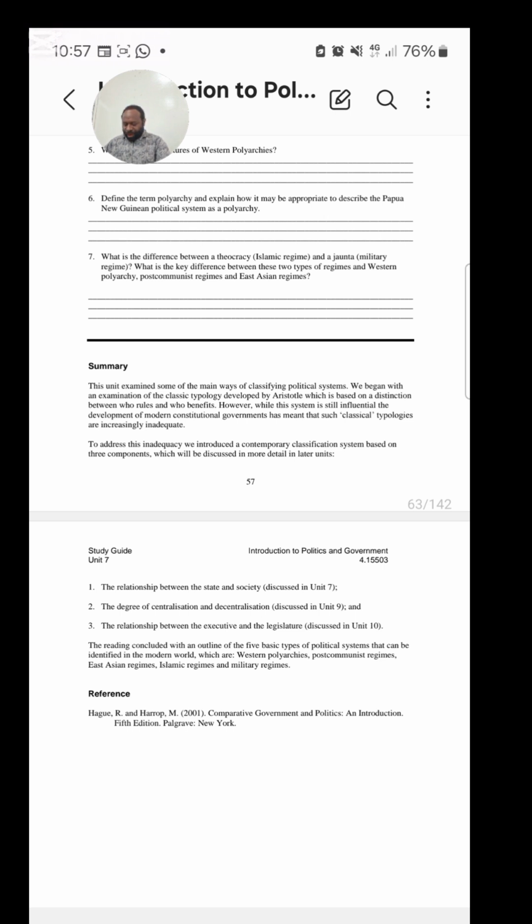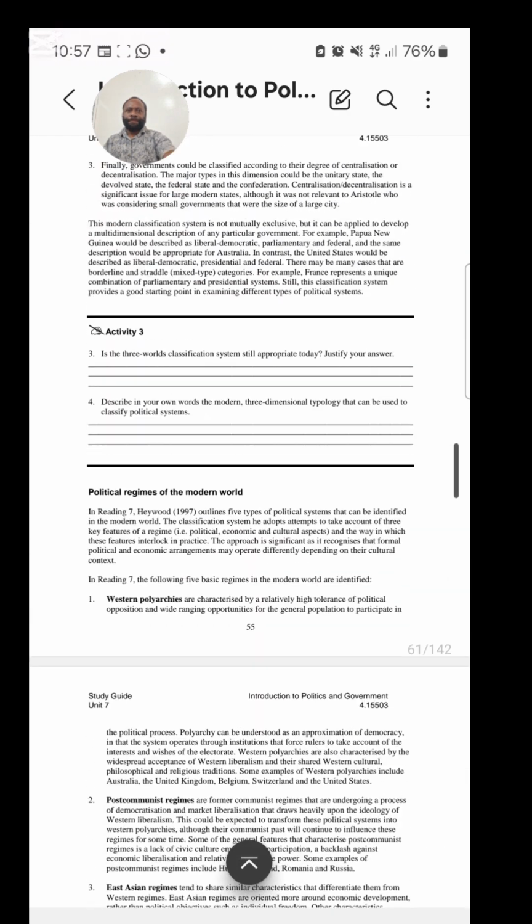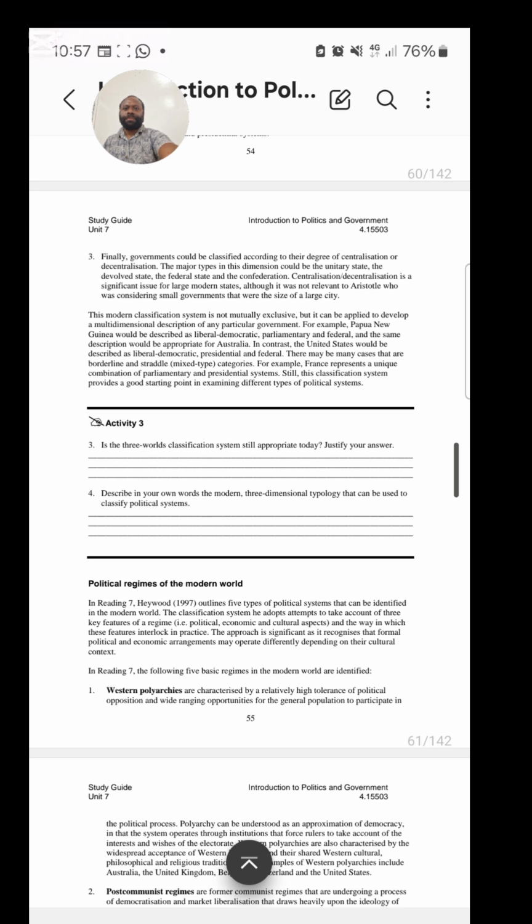Okay? And then we concluded by outlining the five types of political system that can be identified in the modern world. Okay? So that concludes our discussion on Unit 7. So we are on track. Okay?